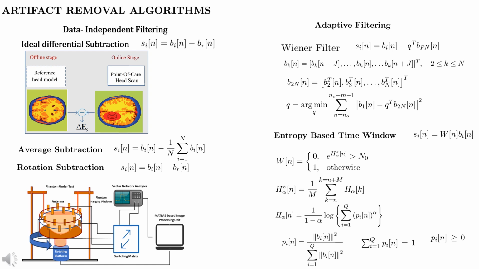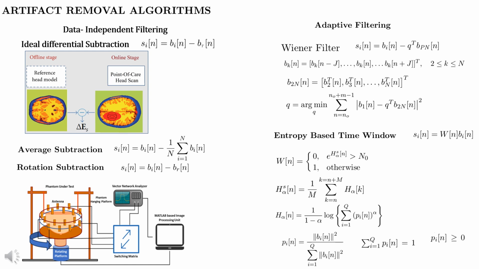The rotation subtraction technique uses a rotating platform to collect signals from multiple angles. By comparing the signal BR from different rotational positions, artifacts can be minimized. The subtraction of signals at various rotational points helps isolate the brain tissue signal from clutter. The adaptive filtering section focuses on real-time adjustments to optimize clutter and noise suppression.